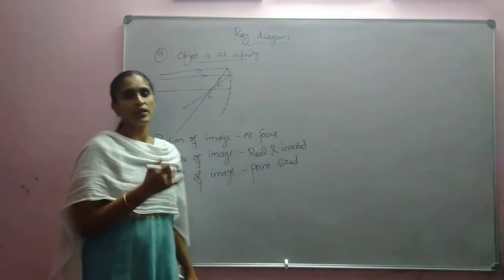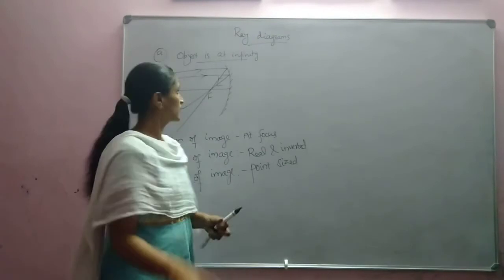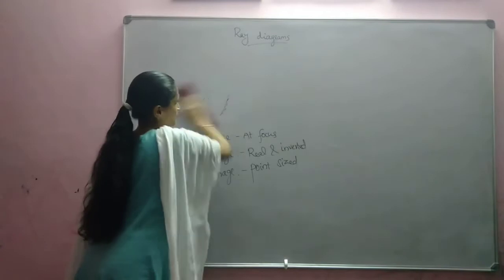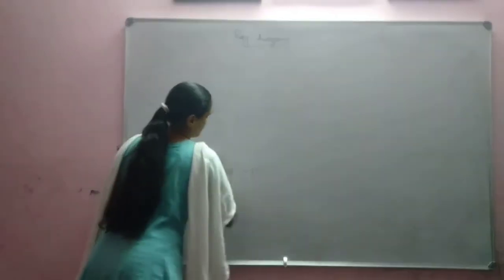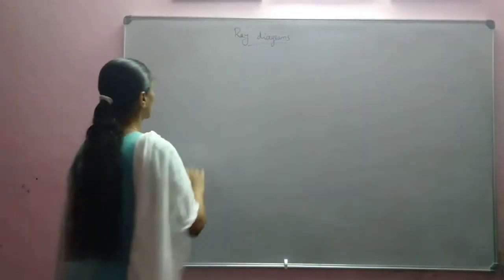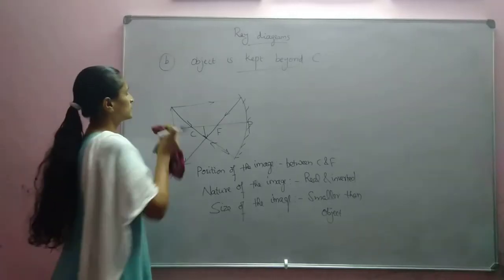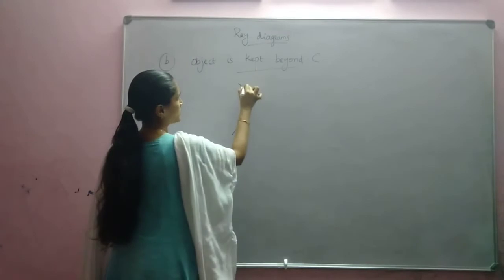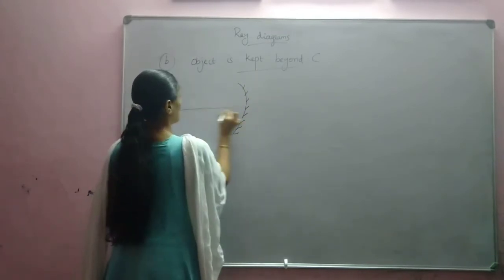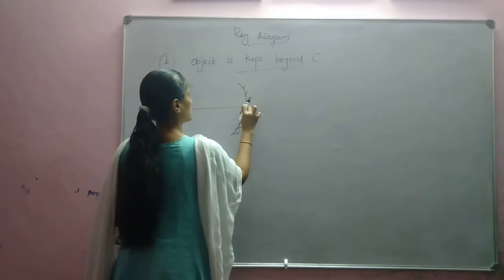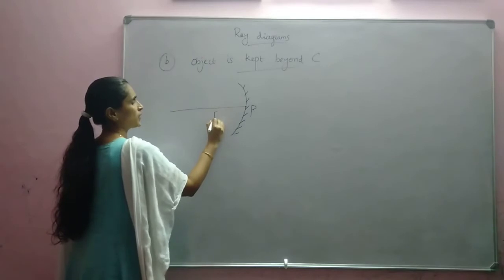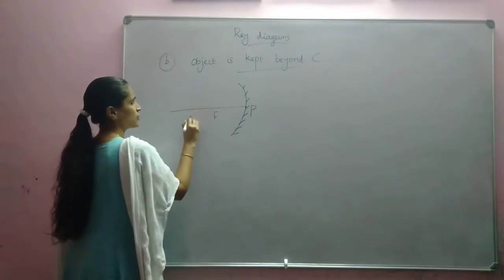Okay. Now we discuss the object kept beyond C. Pole is there, here the focus, and here the center of curvature.